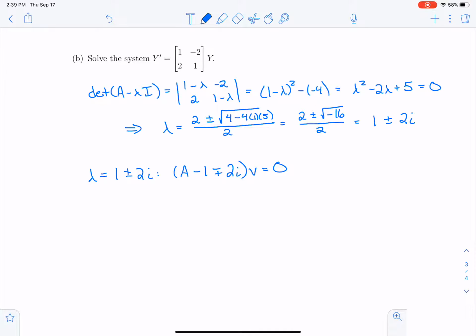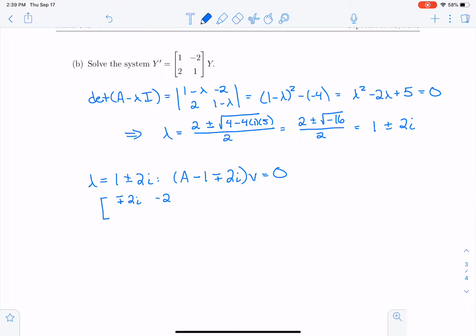Well, I need to take 1 minus lambda in that upper left corner. So 1 minus lambda is going to be a negative or positive 2i. And then the negative 2 in the matrix remains the same. Then the 2 remains the same, and then I'm going to get a negative or a positive 2i. And so that is our matrix. Our right-hand side of the equation is going to be 0, 0, and we want to row reduce.